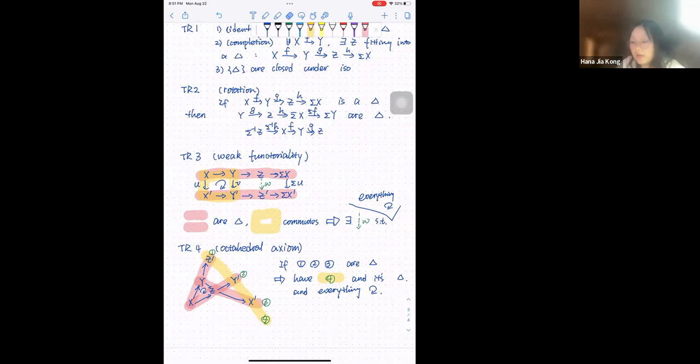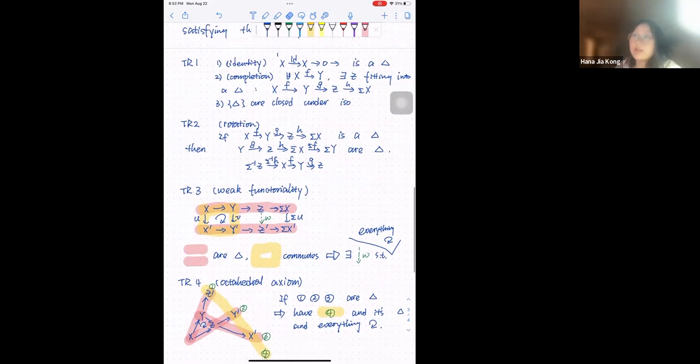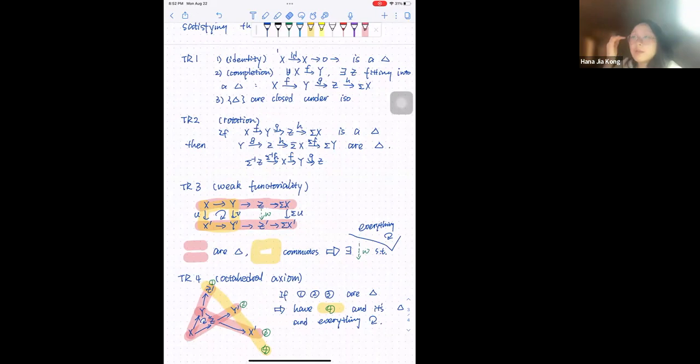Right. So we have these 4 axioms most commonly used to describe the definition of a triangulated category, and there are some variations of these things. And these 4 axioms are actually not independent. For example, the third axiom, this weak functoriality axiom, can be deduced from the others by some results by Peter May.